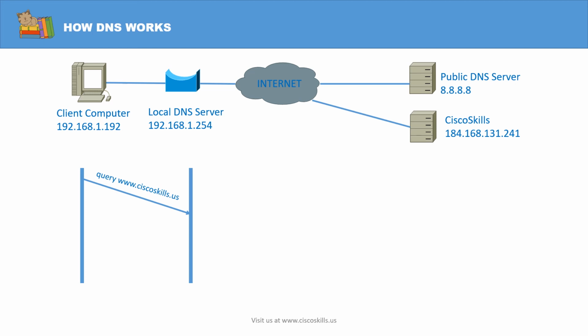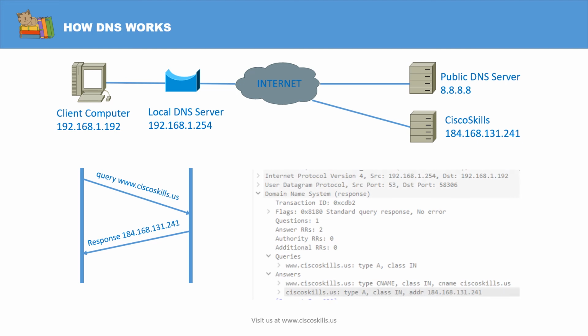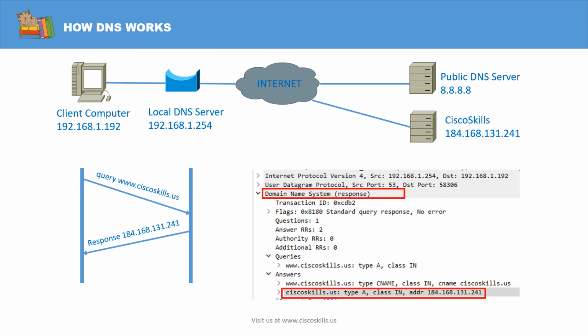The local DNS server responds with the IP address of Cisco skills.us website, and here is the message. As you can see, it is a DNS response message, and it responds with the IP address information of ciscoskills.us website.